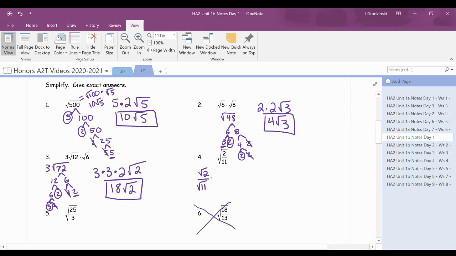So that means that I need to rationalize the denominator, and I do that by multiplying by root 11 over root 11, because that's really just a fancy form of 1. So root 2 times root 11 is root 22. And then on the bottom, root 11 times root 11 would give me root 121. And the square root of 121 is 11.